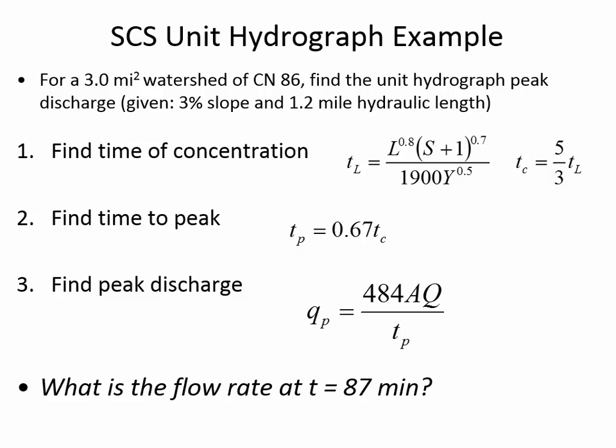We are told that the watershed has a curve number of 86, and so we need to calculate what is S for a watershed with a curve number of 86, and S is 1,000 divided by the curve number minus 10.